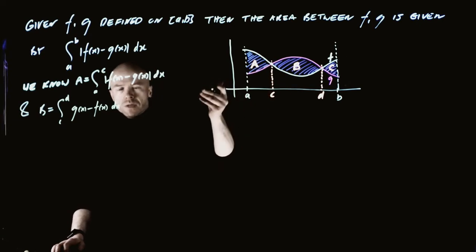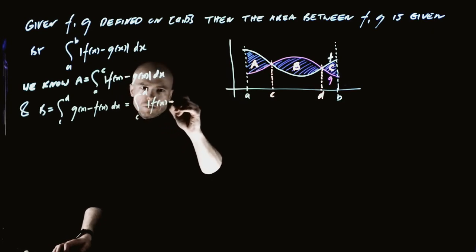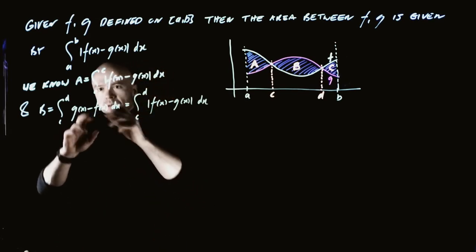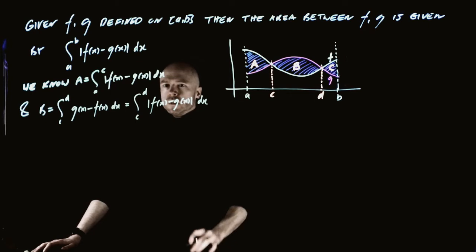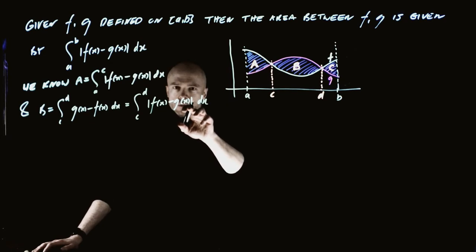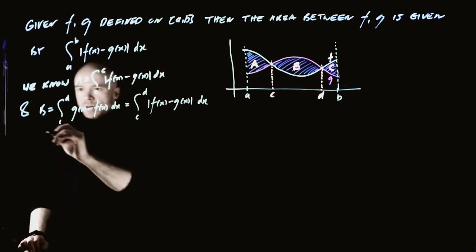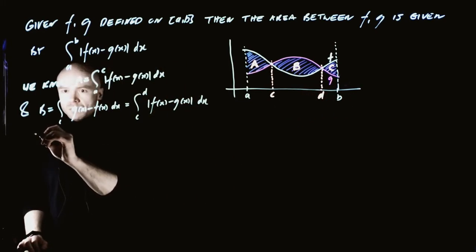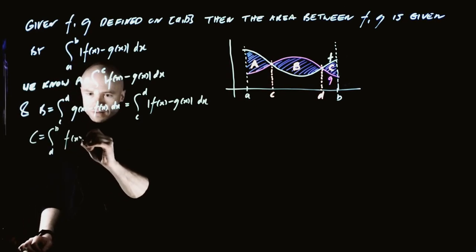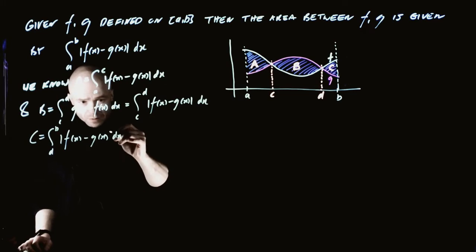But if we think about that, that is exactly the same as the integral from c to d of the absolute value of f of x minus g of x, because g is always bigger than f over this interval. And then from d to b, same argument: C is equal to the integral from d to b of f of x minus g of x. Again, since f is bigger than g in this interval, this is the same as the absolute value.